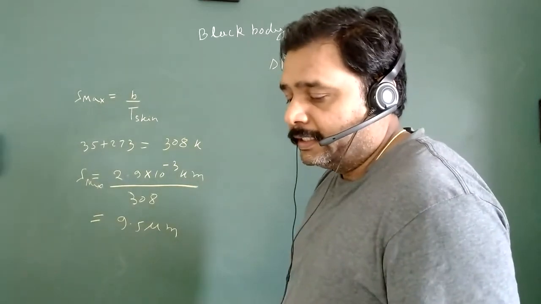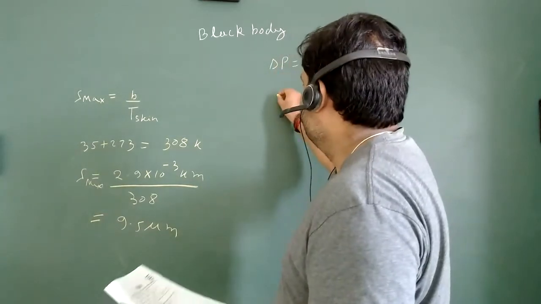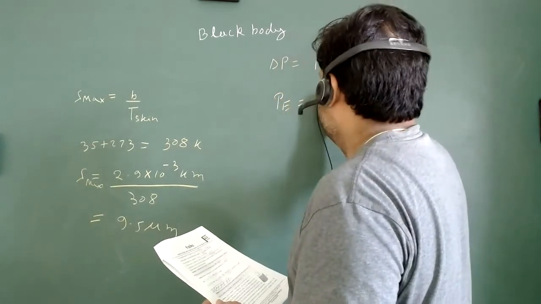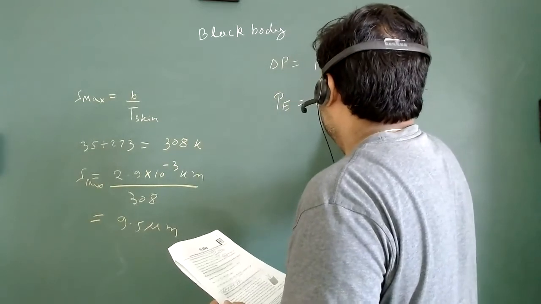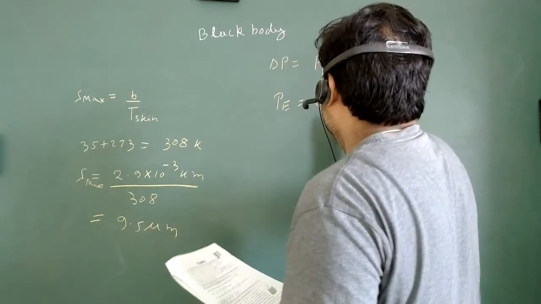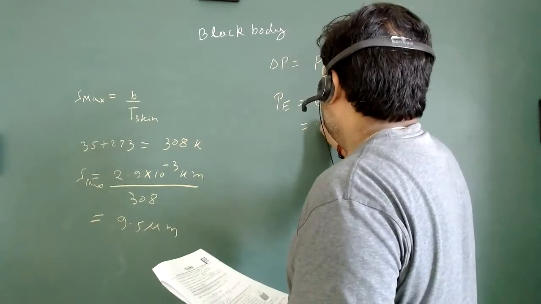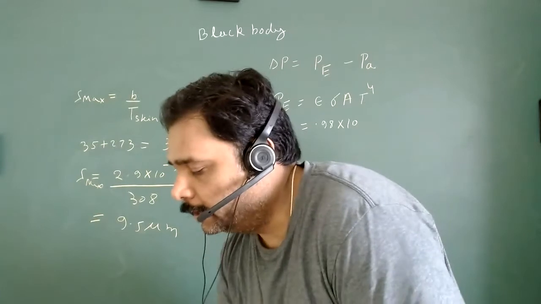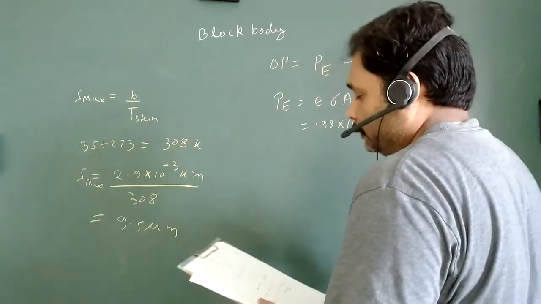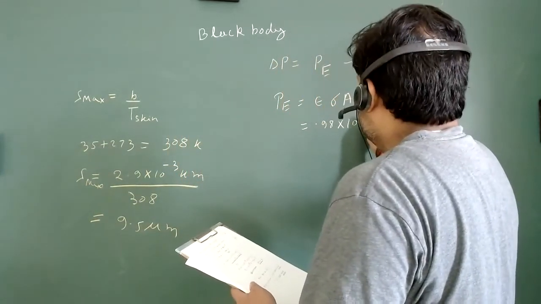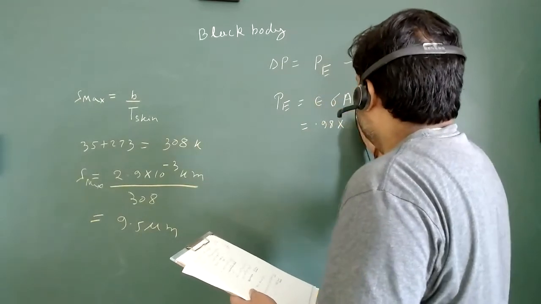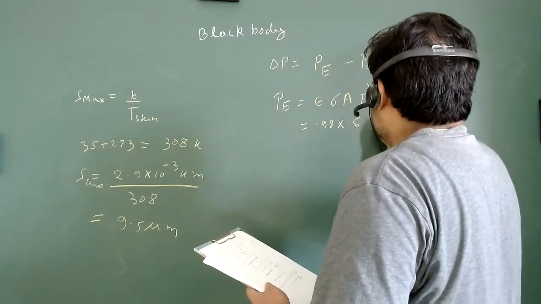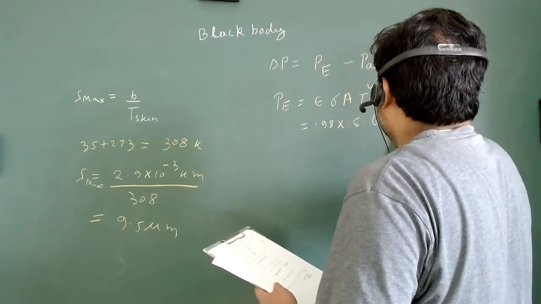First let's calculate the power emitted. Power emitted is epsilon sigma A T to the power 4. Epsilon is 0.98, and sigma is 5.67 into 10 to the power minus 8.